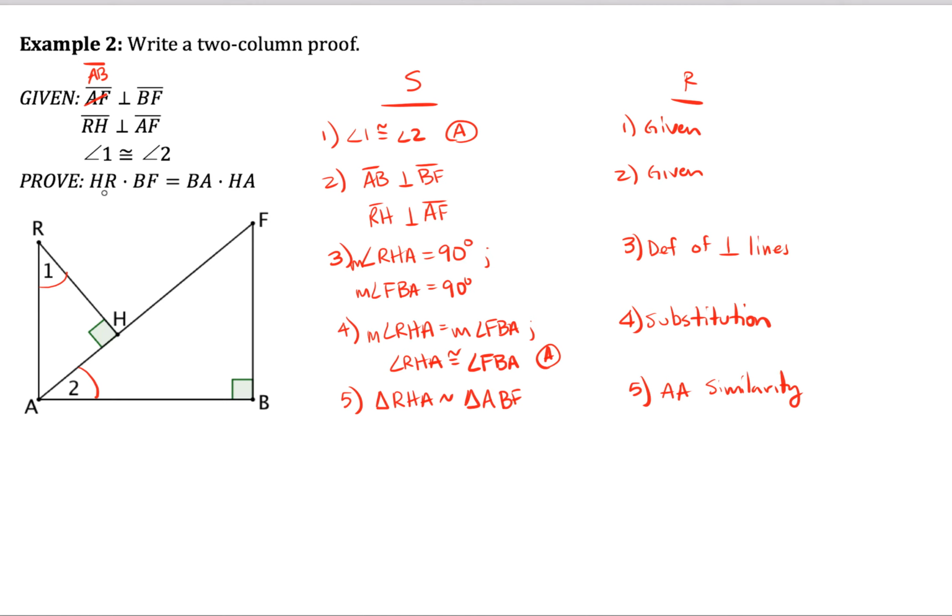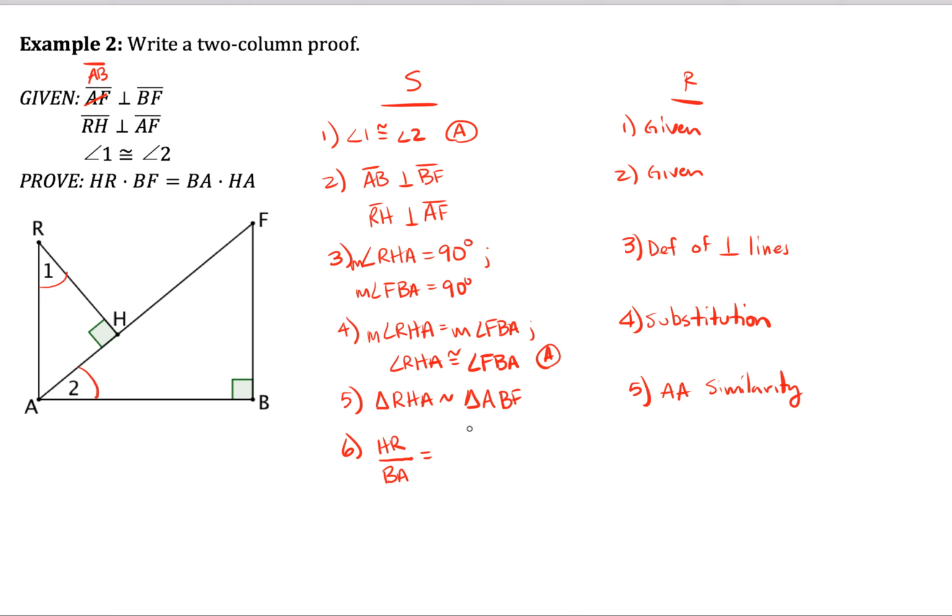So let's see if we can take these values, these segment names right here, and set up a ratio that would involve those. I would know that HR in triangle RHA would be corresponding to, and therefore I could put it in a ratio with, segment BA.